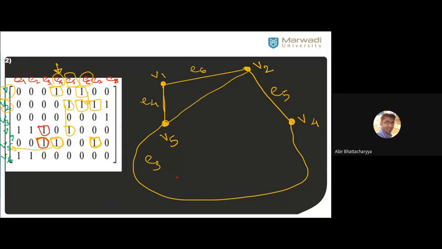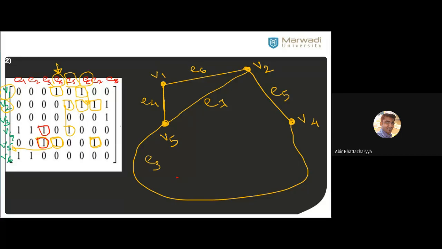Done. E7. Okay. So now let us find how many vertex have been completed. V1, V2, V4, V5. So what are left? V3 is left. V6 is left. Now, is everything completed for V4? No. V4 is somehow left.